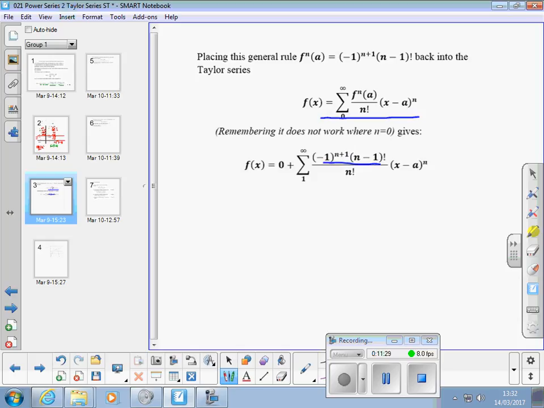And all of that is over n factorial, and we multiply each of those by x minus a to the power of n. And here's that first term in there, the one that this general solution doesn't work for, but in this case is equal to 0 anyway.